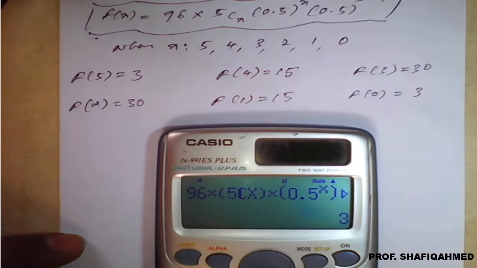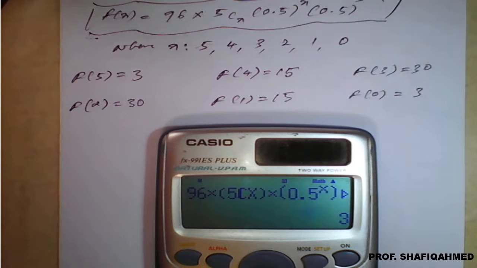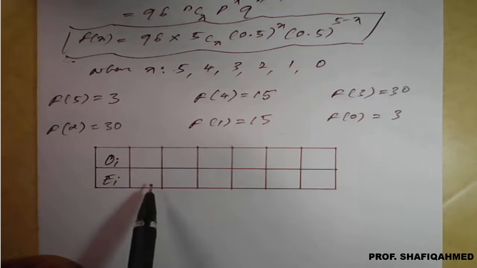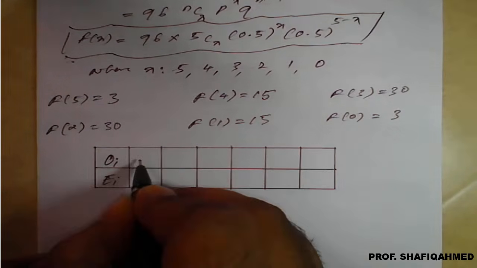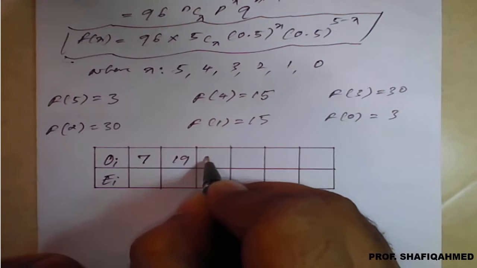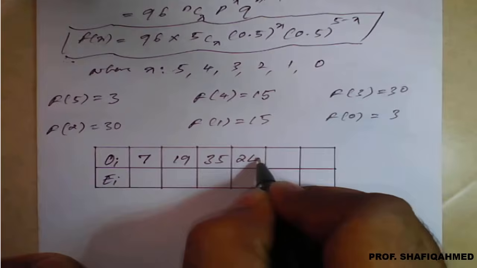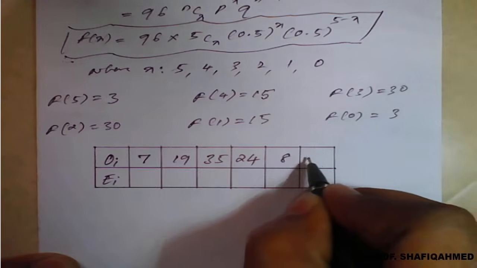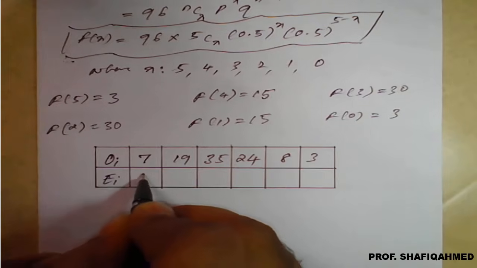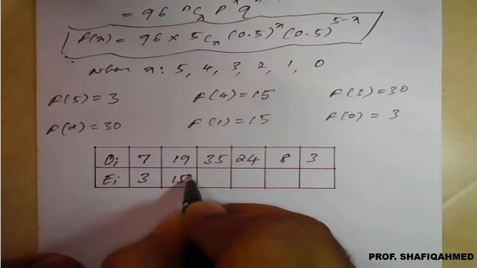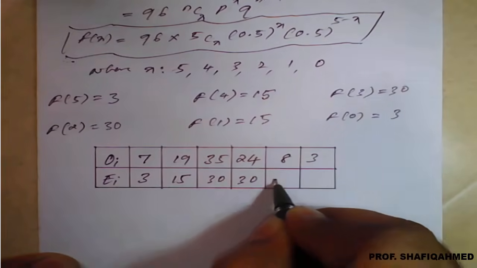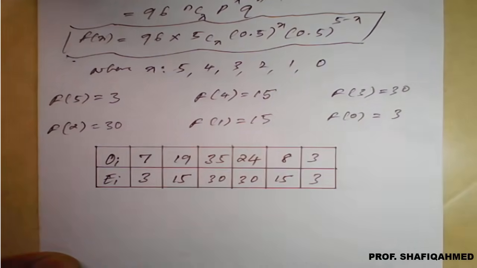Now we'll prepare a table for observed and expected. So the table has O values and E values. O values from the table will be 7, 19, 35, 24, 8, 3, and expected, that is theoretical, we got as 3, 15, 30, 30, 15, 3.